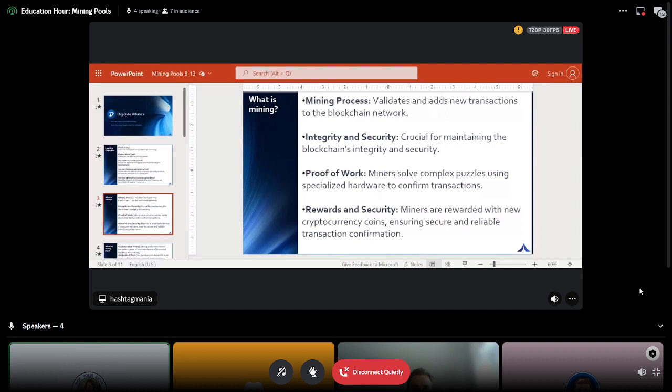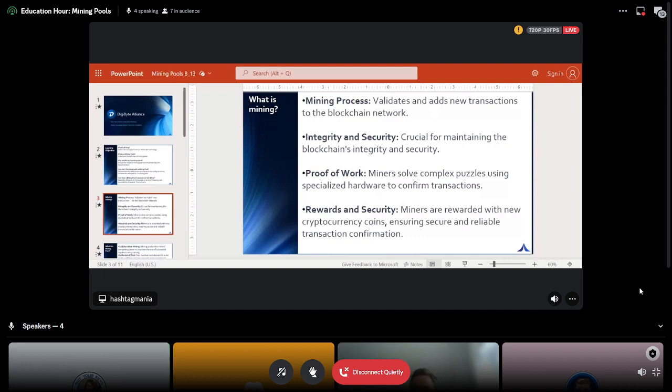The difficulty of solving those puzzles and getting that block can adjust over time, and we actually have a protocol in DigiByte that adjusts that difficulty called DigiShield, which others have employed as well.